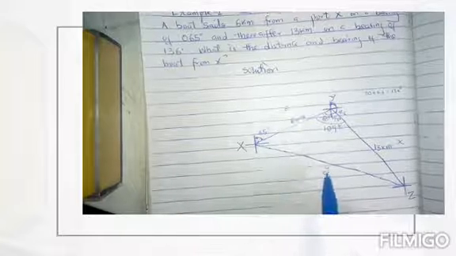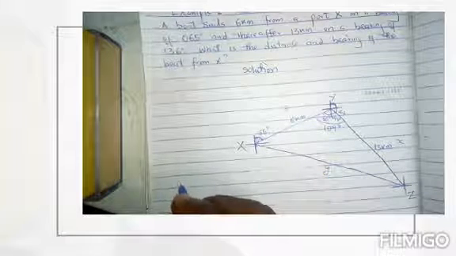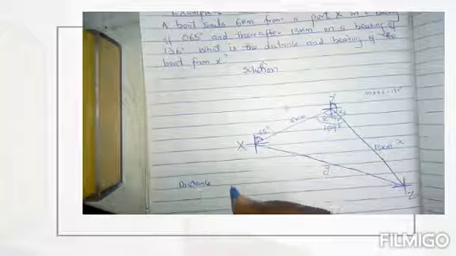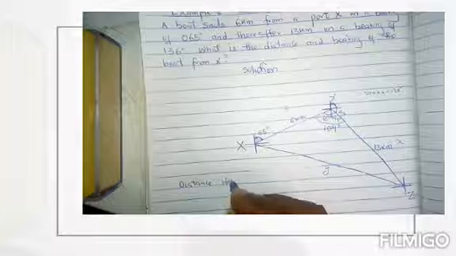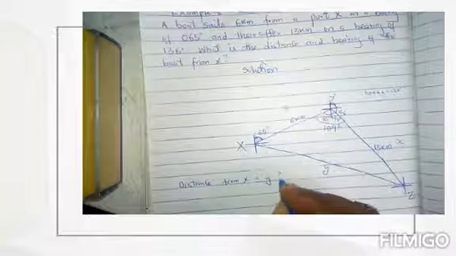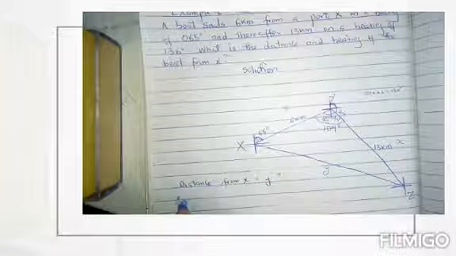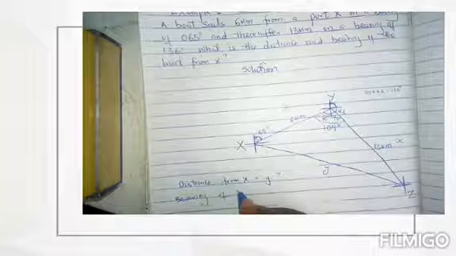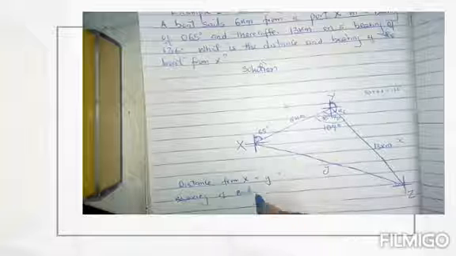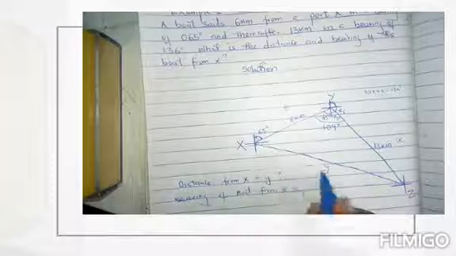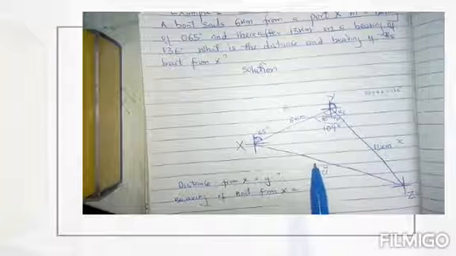Now distance of boat from X is the y. That's the first question. Then bearing of boat from X.